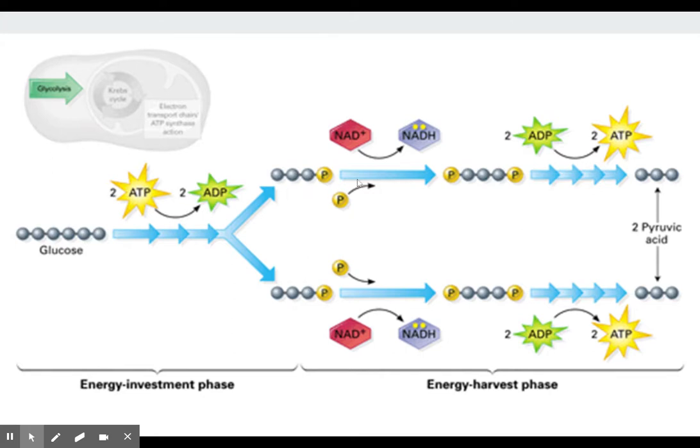We can see some NADH being made with these electrons, and each of these reactions makes 2 ATP. So if you think about the long-term process, I added 2 ATP to start it, and I created 4. So my net gain would be a total of 2 ATP from the process of glycolysis. It also makes pyruvic acid, for which we're going to use the word pyruvate most times.